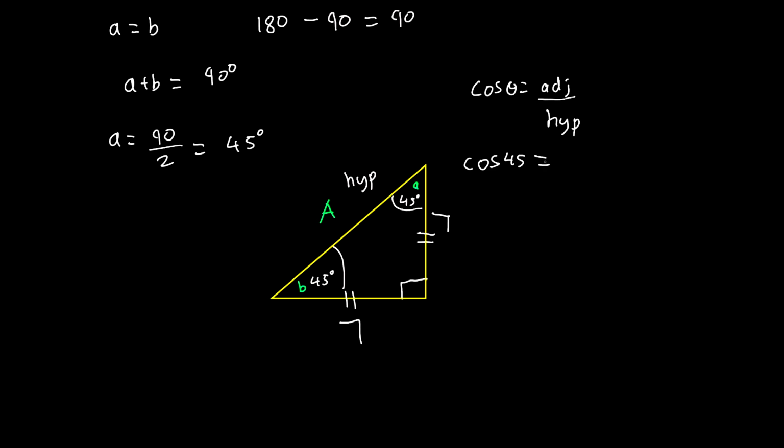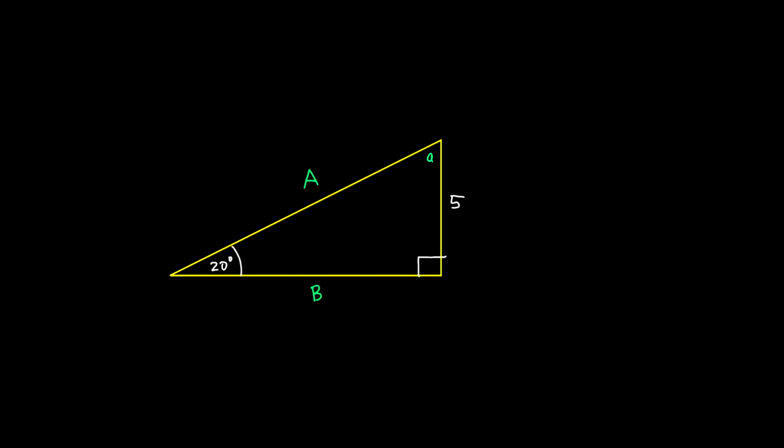Cos of 45 is equal to 7, because in both cases it will be 7 over hypotenuse, which is equal to A. Now let's make A the subject, so this is equal to 7 over cos 45, and this is equal to 9.99 units.